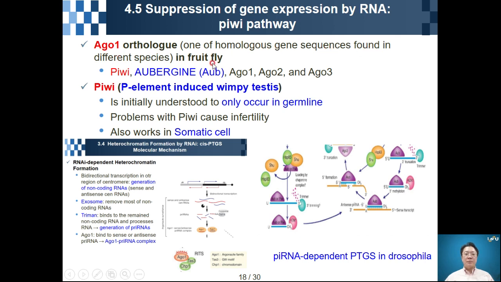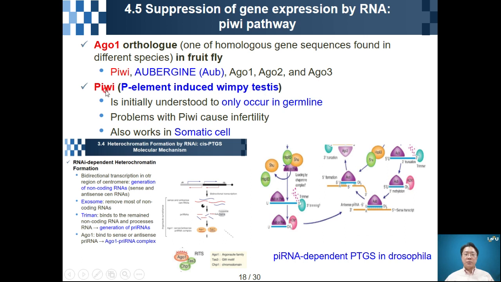For example, in fruit flies, we found that PIWI, AUB, AGO3 performed similar functions to AGO1. Especially PIWI played a very important role in the suppression of gene expression by RNA. Okay, so what is PIWI? PIWI's full name is P-element induced wimpy testis.